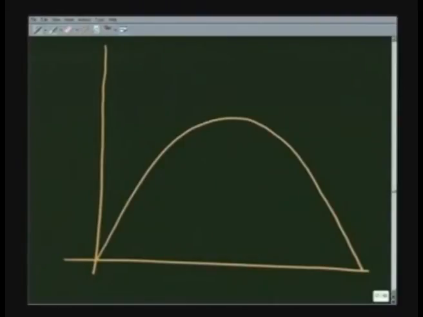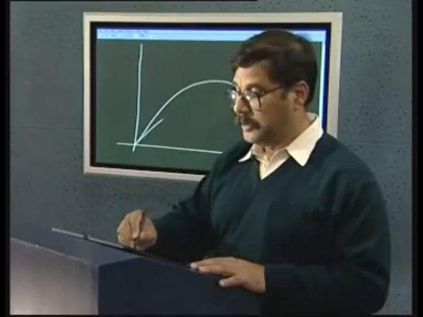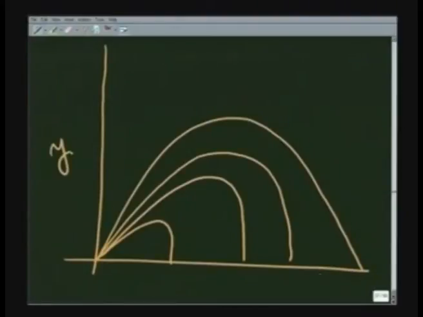However, as k is introduced, that means the drag force comes into play, its height and range both start changing.